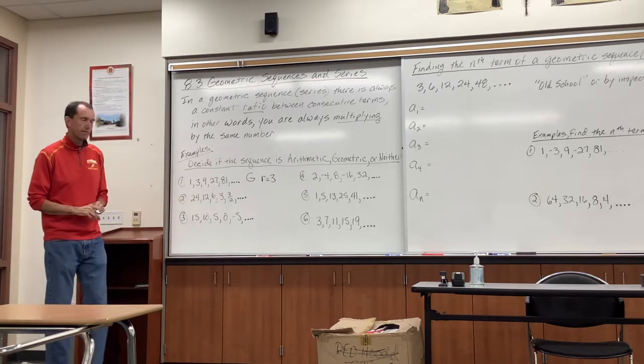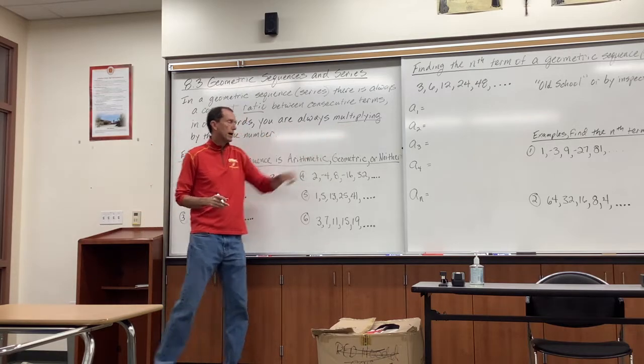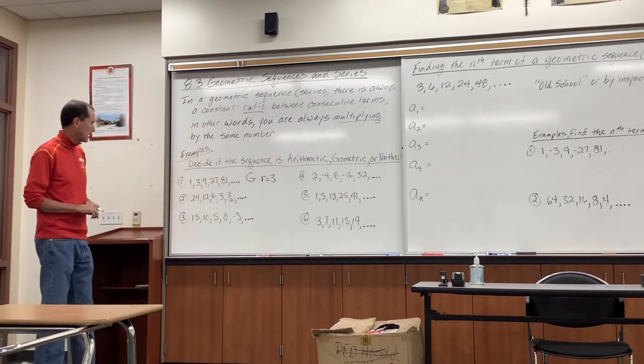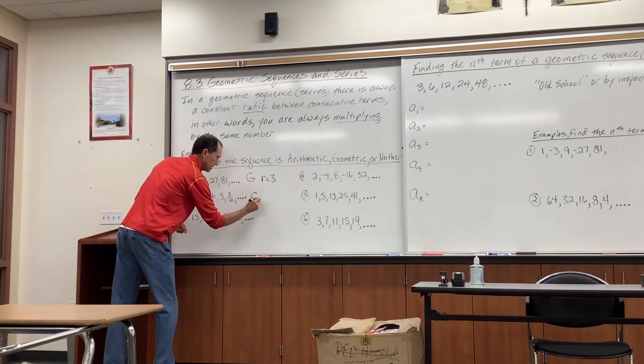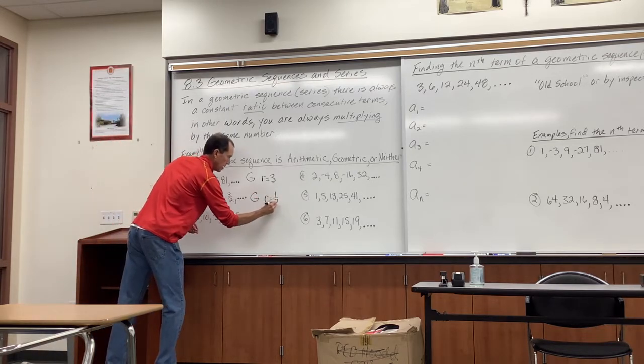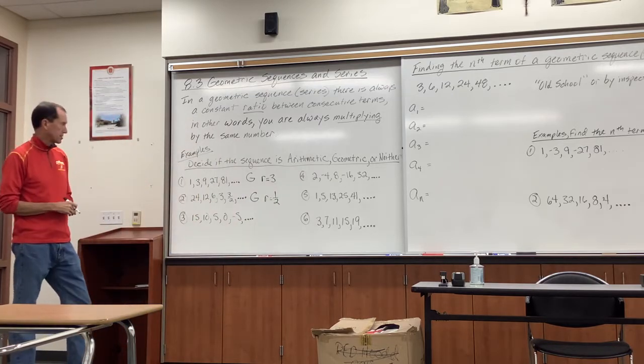Yeah, it certainly looks like it's being divided by 2, but again, you never want to ask yourself what is it being divided by. You want to ask yourself what is it being multiplied by, and that was a constant. So you could still say it's geometric, you just want to make sure you say the ratio is 1/2. If it's getting smaller, obviously your ratio is going to be a fraction.